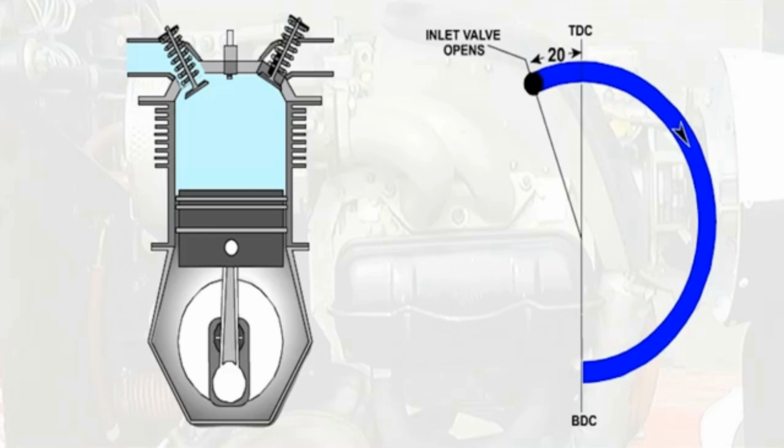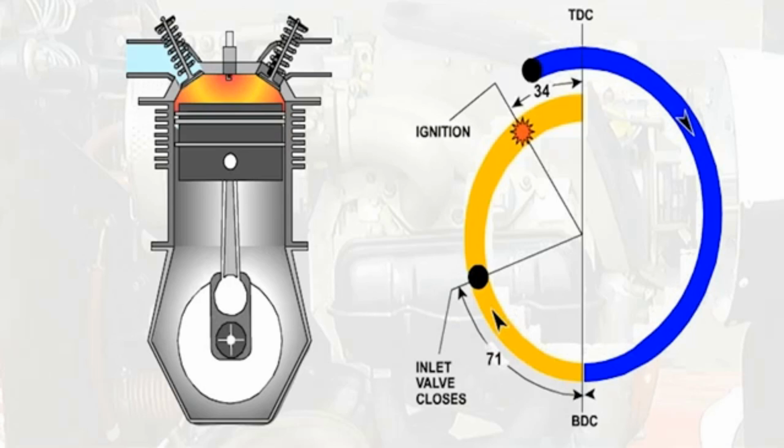Closure of the inlet valve is therefore delayed until after bottom dead center, when the gas pressure in the cylinder approximately equals the gas pressure in the inlet manifold. As the piston continues to move upwards, the inlet valve closes and the gases are compressed. By squeezing the gas into a smaller space, the pressure it will exert when burnt is proportionally increased.